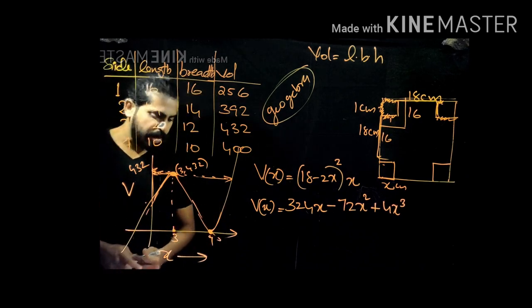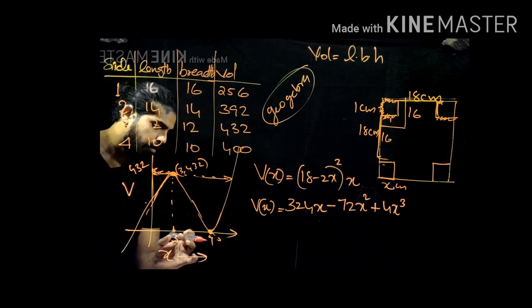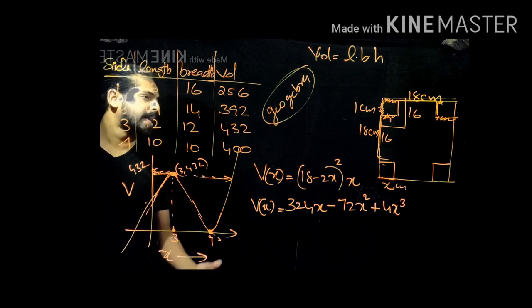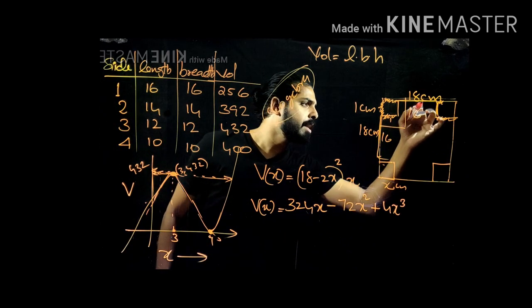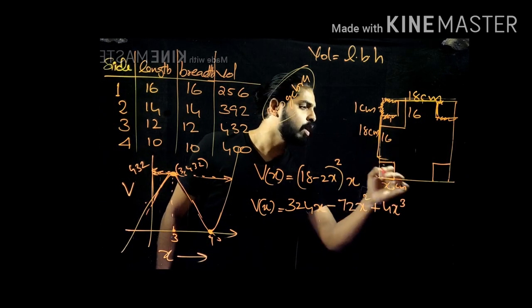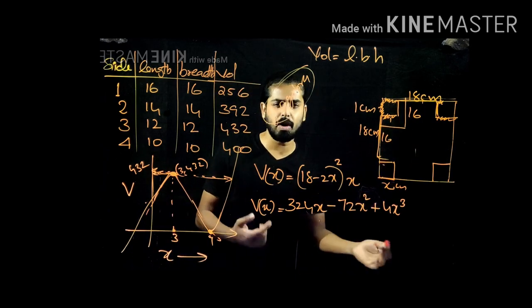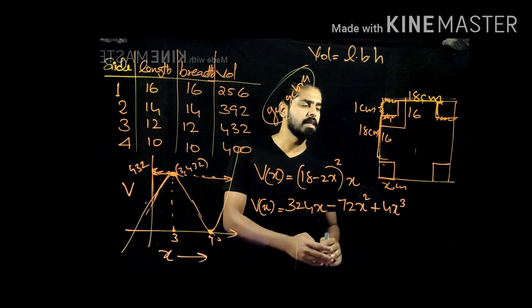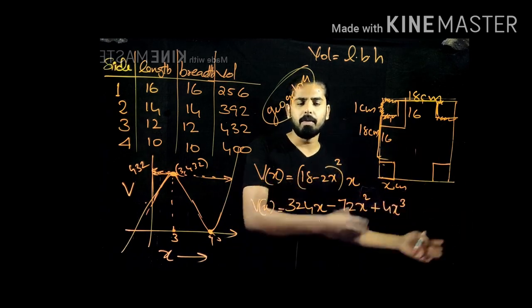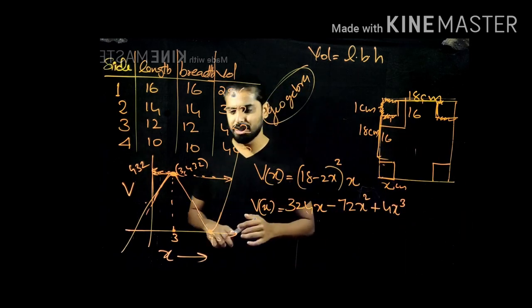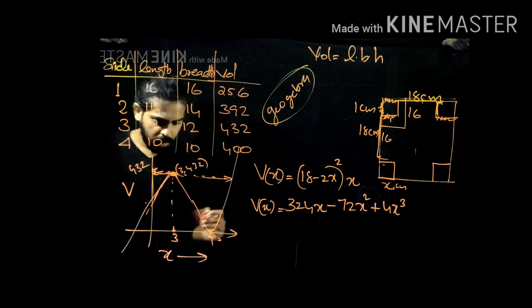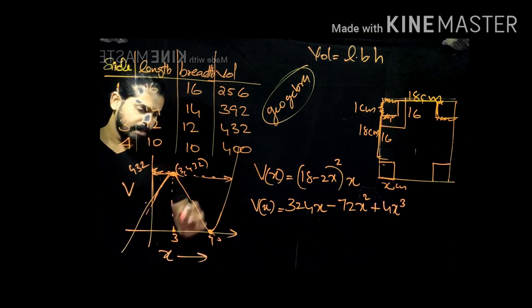But we can't cut a square of 9 centimeter or above 9 centimeter. Suppose this is 18 centimeter and we are cutting a square of 9 centimeter. What will remain? Nothing will remain, right? It is not possible to cut a square of 9 or above 9 from this 18 centimeter square sheet. So we can't accept this value.